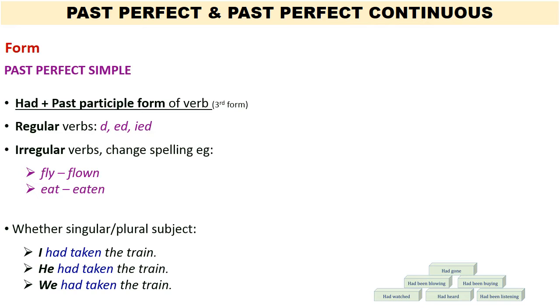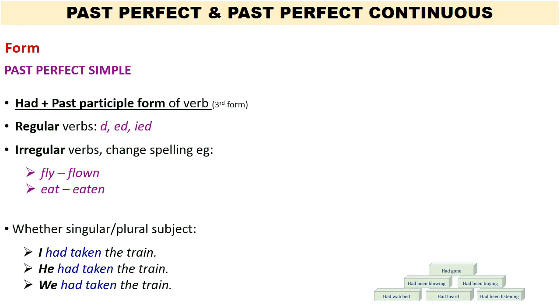The past participle form of the verb fly is flown. The verb to eat. The past participle form of the verb to eat is eaten. In both cases, we don't add a D or ED or IED. We need to change the spelling.